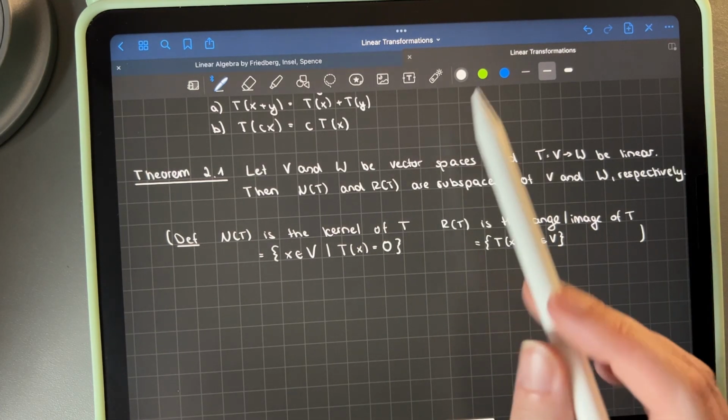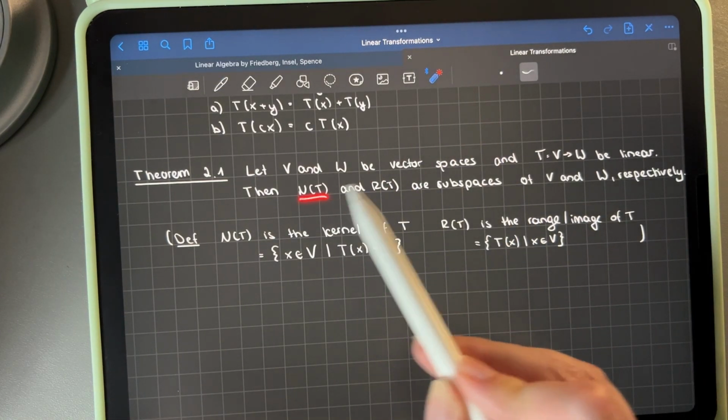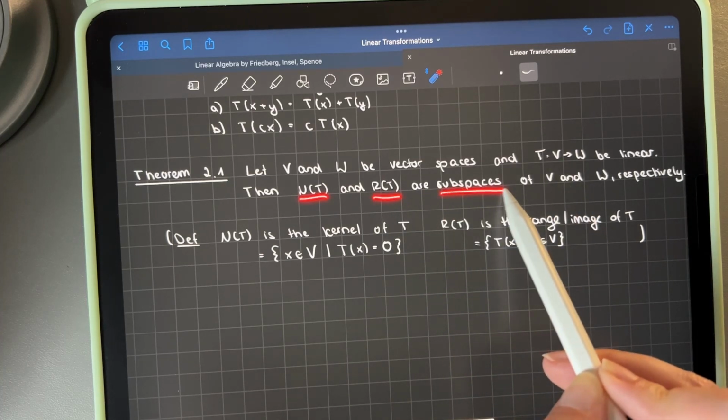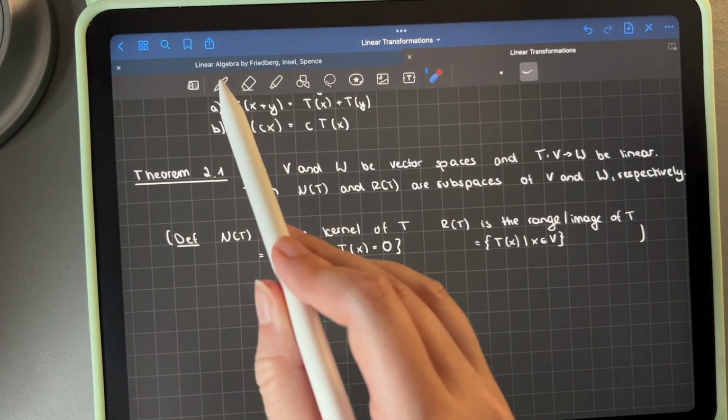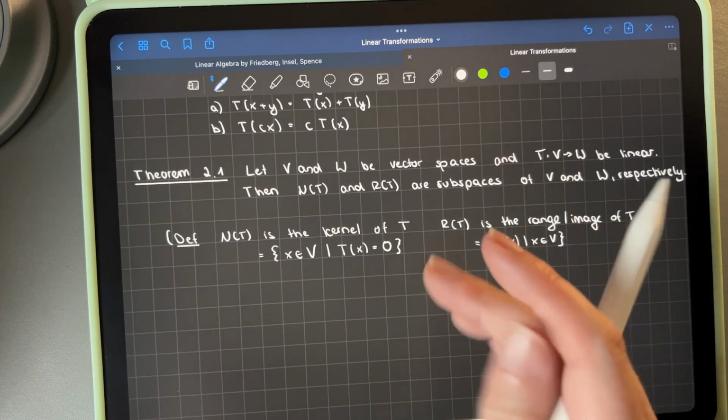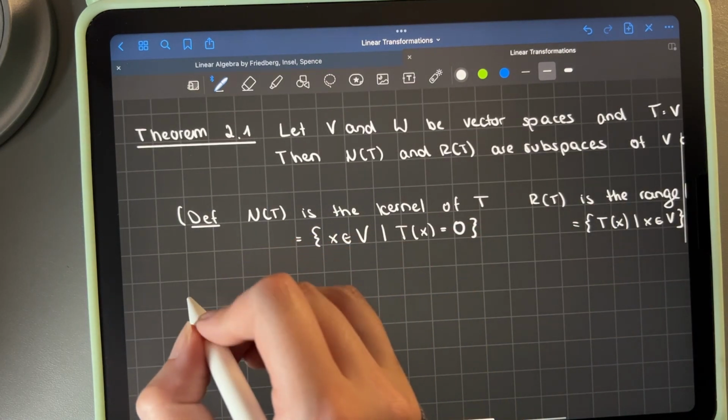We want to prove that these are subspaces. So we need to know or remember what a subspace is.